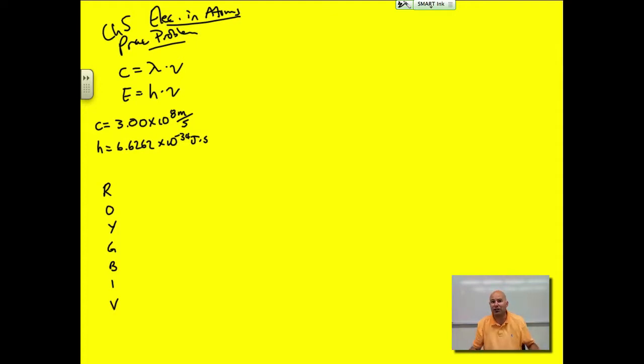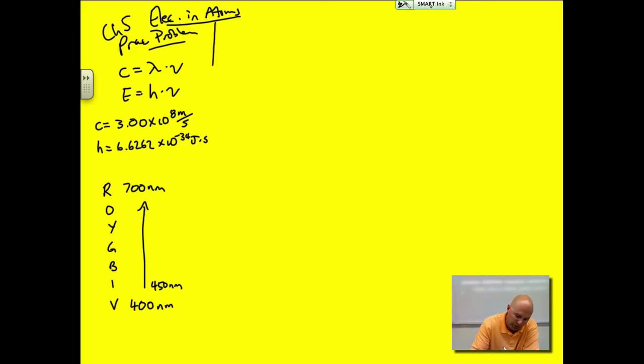If I asked you to solve for the energy associated with an X-ray on one end, or a TV wave on another, I'd have to give you the wavelengths. Here we should know that it goes from 400 nanometers at the violet end of the spectrum to 700 or so nanometers at the red end, pretty much going up by 50s, give or take. That's certainly fair for what we're going to look at.